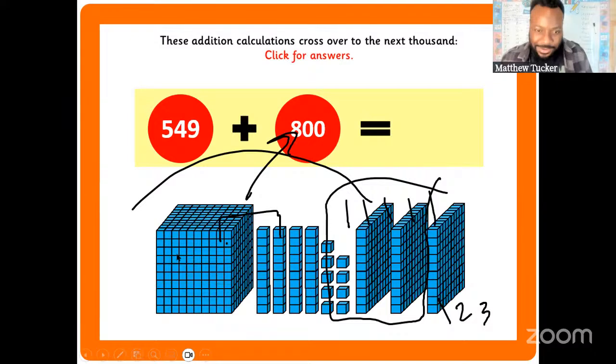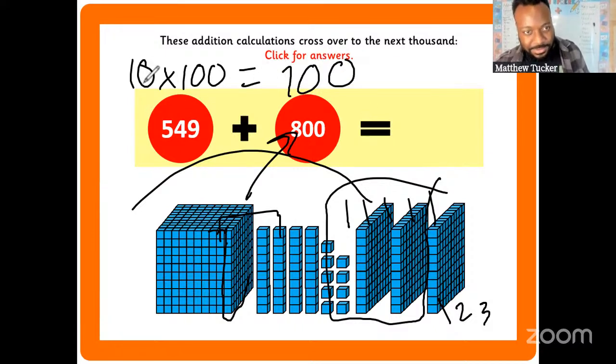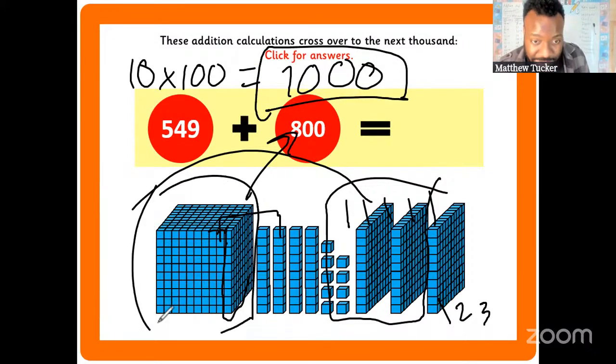Okay, so that's our 1,000 group here, because each of these is 100, and we've got 10 of them, and 10 times 100, guess what happens? Gives us 1,000, because anything times by 10 gets a 0 in the end. So this is our 1,000. We haven't got any more than that in the thousands.